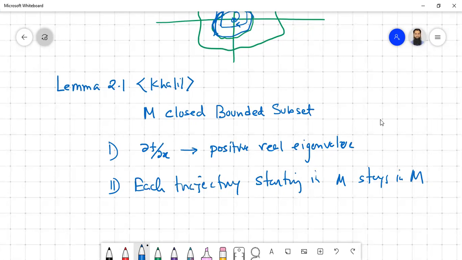So if you have a positive real part, it has to be an unstable focus or unstable node, and every trajectory starting in M stays in M for all future time, and if all these are true, then M contains a periodic orbit.